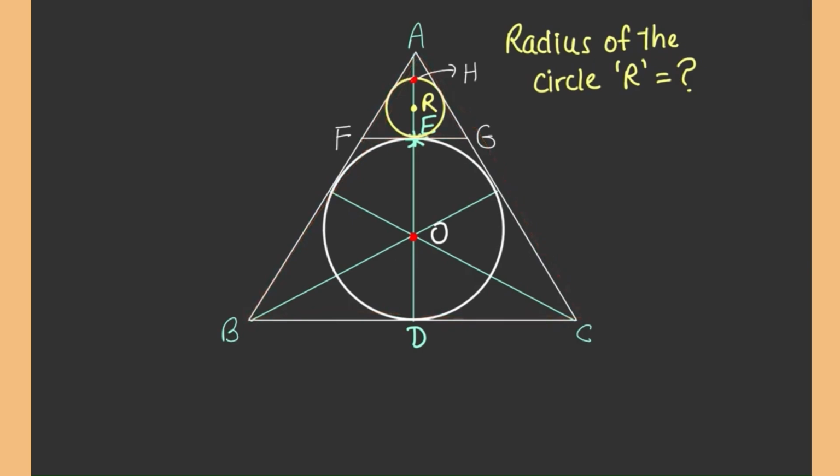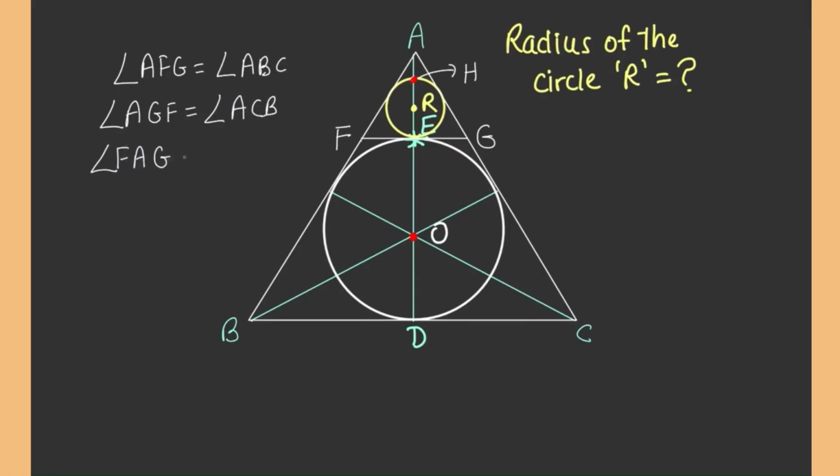So basically what we have shown is that angle AFG is the same as angle ABC, angle AGF is the same as angle ACB, and angle FAG is the same as angle BAC.